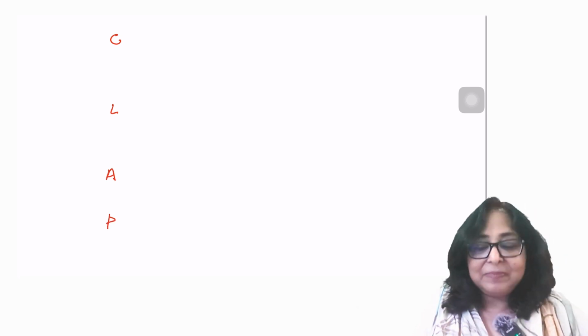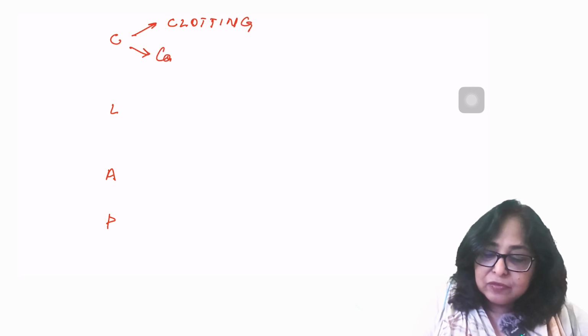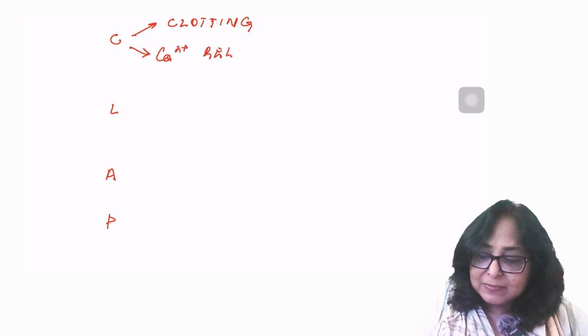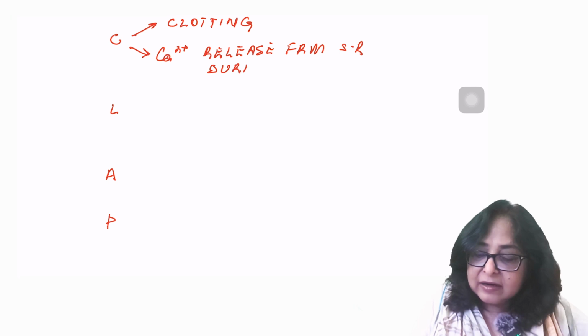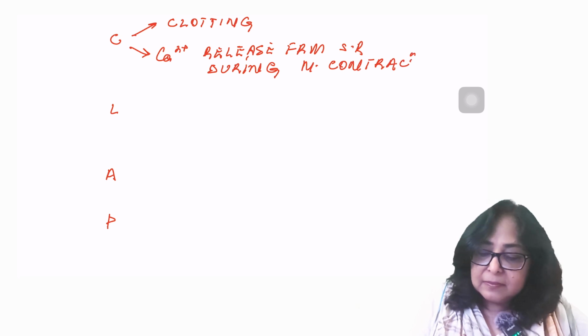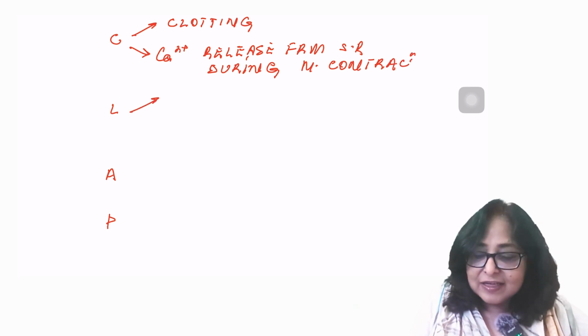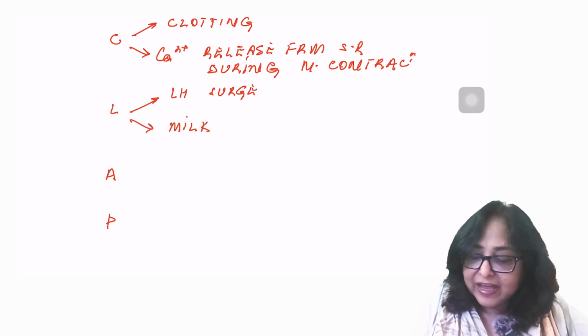Remember, CLAP. C is clotting. C also stands for calcium release from the sarcoplasmic reticulum during a muscle contraction. These are examples of positive feedback. L is LH surge. L is also the milk let down reflex.